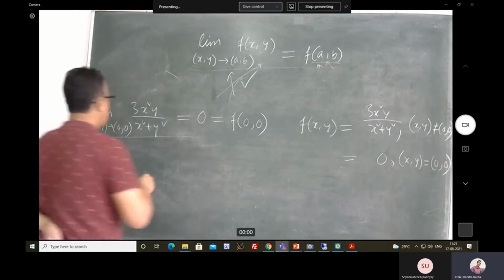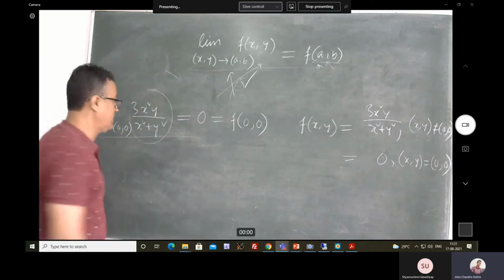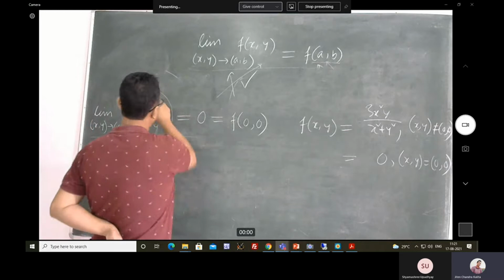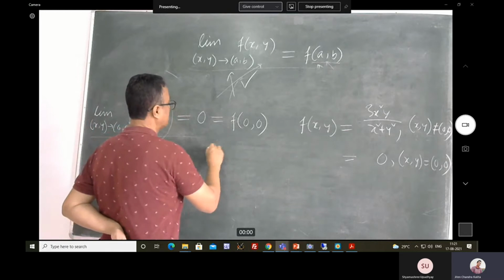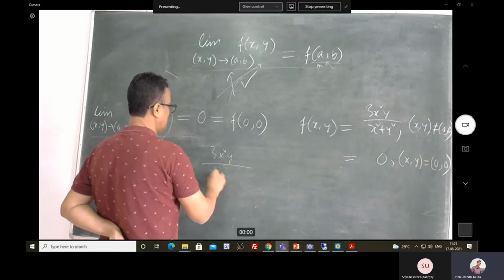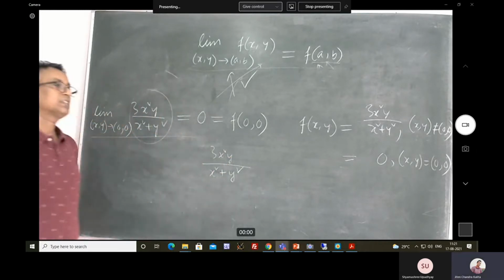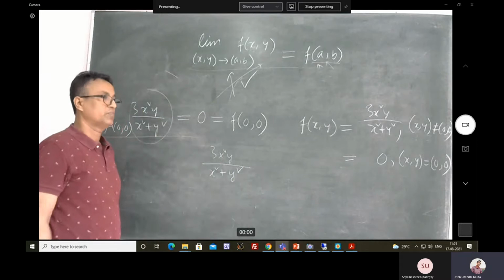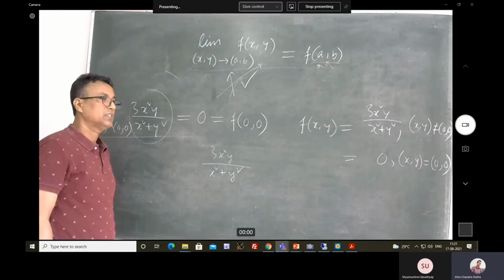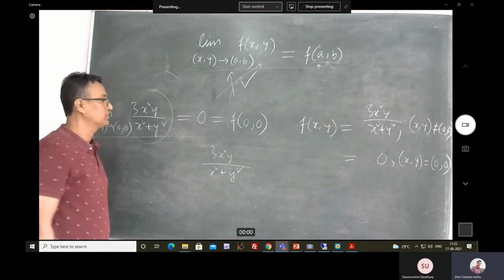Okay, so now let me come to rational functions like this. If I consider this function, it is nothing but the ratio of polynomials, isn't it? Fine.